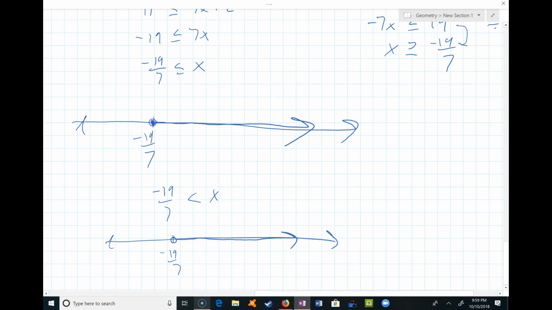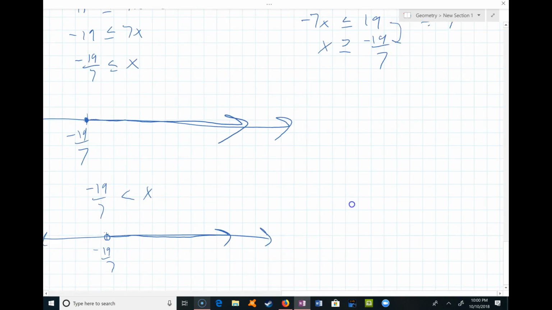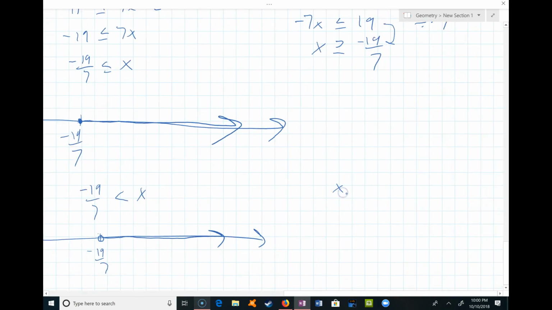See, here it's filled in because it can be equal to that. Here there's a little hole because it can't be equal to it. And of course, if we had x less than negative 19/7, then we would have negative 19/7 here, and we would have put an open circle there and drawn an arrow going that way.